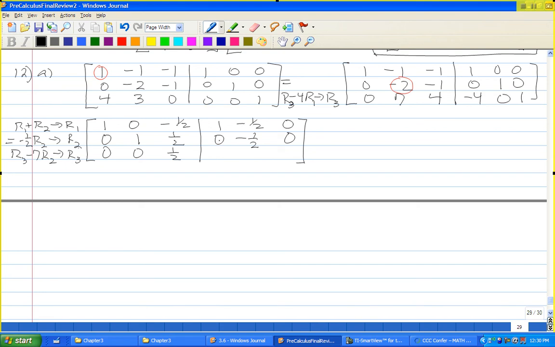Negative 4 minus 0. 7/2 plus 0 is 7/2. And then 0 plus 1 is 1. Okay.